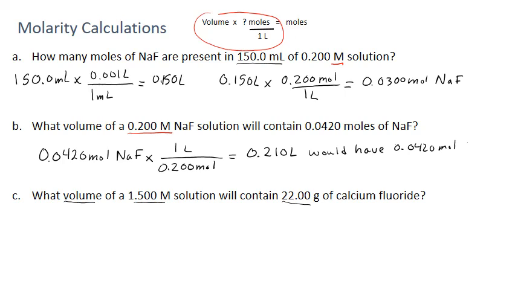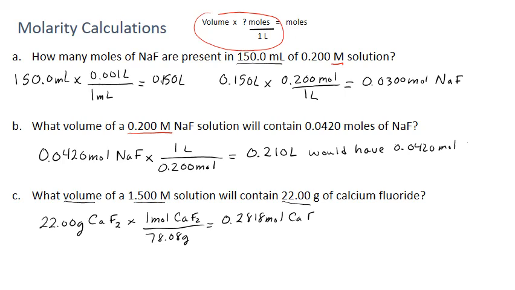We can start with 22.00 grams of calcium fluoride, CaF2. If we multiply it by the molar mass, we could then calculate the number of moles of calcium fluoride. That works out to be 0.2818 moles of the calcium fluoride.